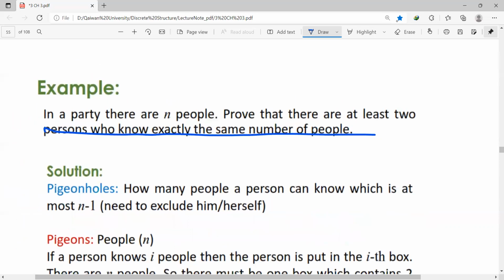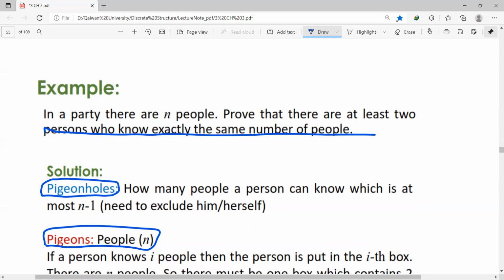The pigeons are the number of people, n, and the pigeonholes are the number of people known by anyone.